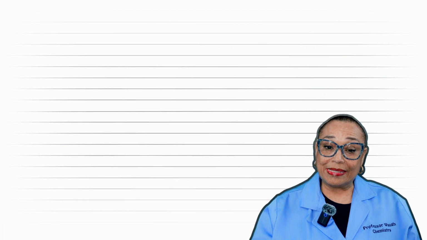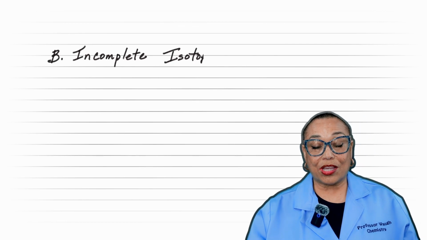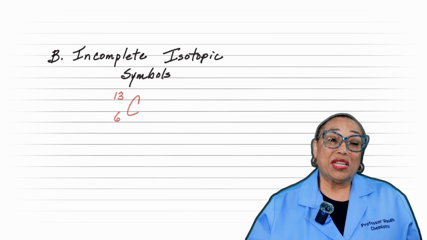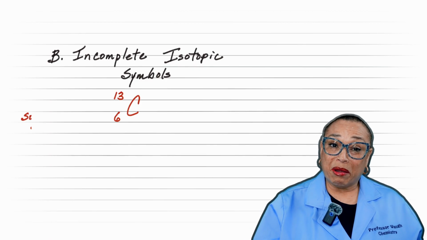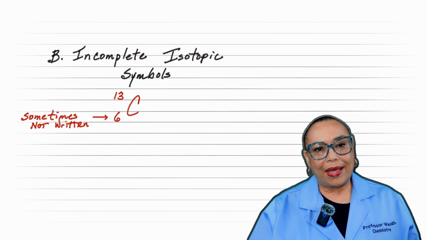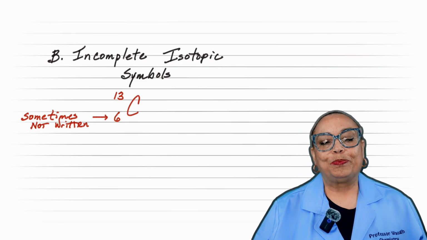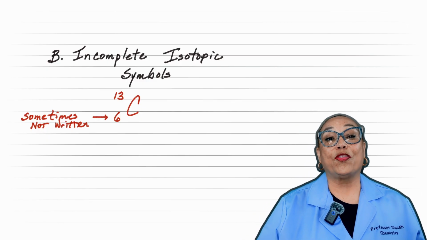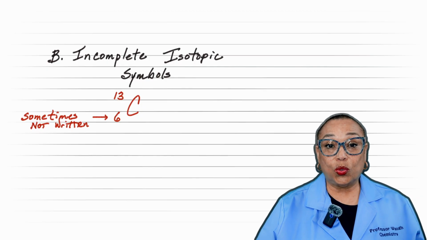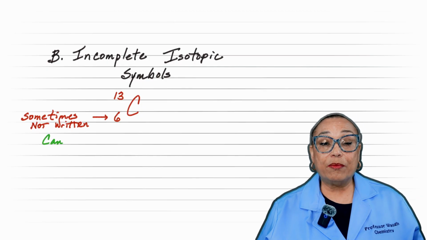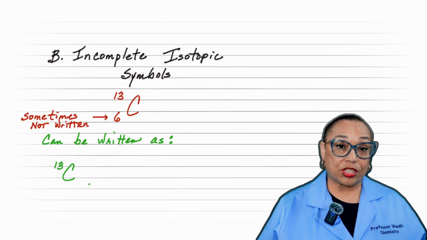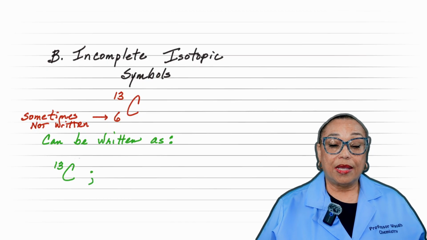Okay, we chemists sometimes will write incomplete isotopic symbols. We just don't feel like putting the atomic number there at the bottom. Why? Because you can get it from the periodic table, okay? So, carbon with 13 total mass number can be written as carbon-13, just the C plus the 13 at the top.